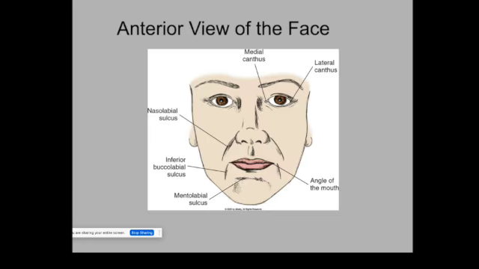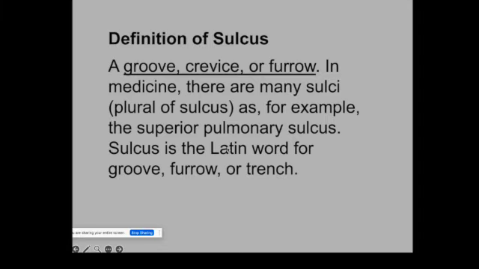The other two terms, if you look at this picture, are canthus, canthi is plural, and sulcus. You see these grooves. So what are each? Sulcus is a groove, crevice, or furrow. In medicine, there are many sulci, as for example, the superior pulmonary sulcus.